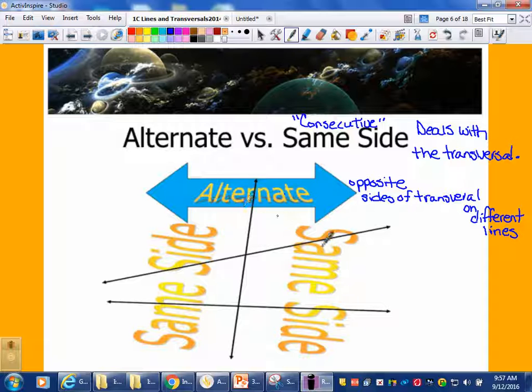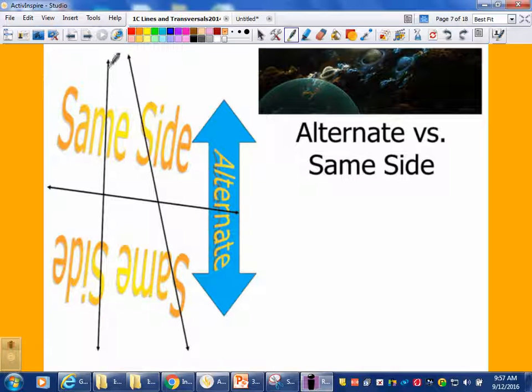Both alternate and consecutive are on different lines. So the transversal is the one that intersects both of the lines, and alternate is opposite sides on different lines. The consecutive is same side on different lines. There's another viewpoint again. Alternate, opposite sides of the transversal. Same side or consecutive, same side.